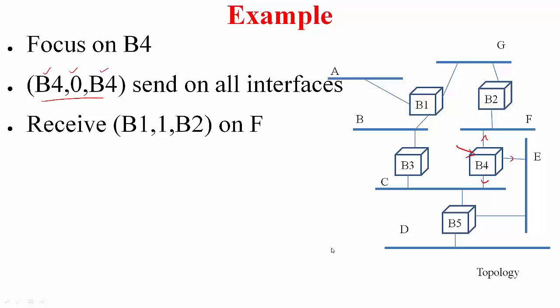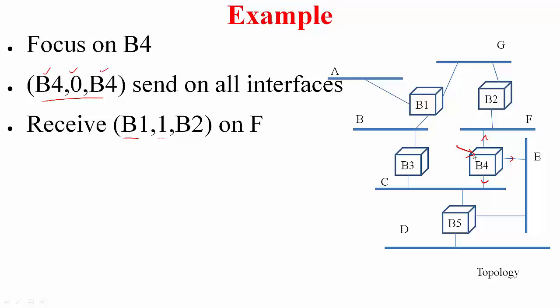Other bridges are also going to generate similar configuration messages and are exchanging them with each other. Let's suppose that B2 already received one such configuration message from B1 and thereby updated that B1 is the root and it is at a distance of 1 to B1. Now this B2 has sent this particular configuration message on F.